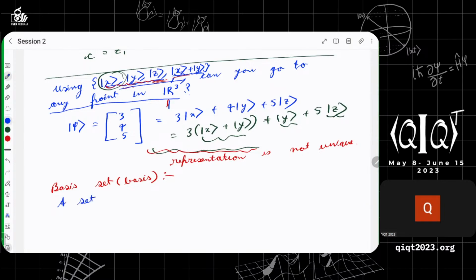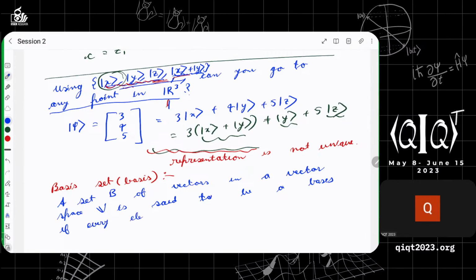So a set of vectors in a vector space, say V, is said to be a basis if every element of V can be written as a unique linear combination of the elements of the set.